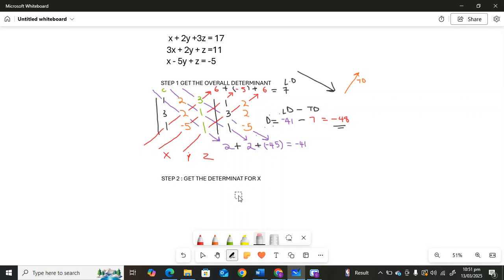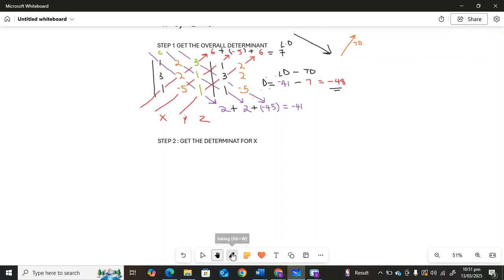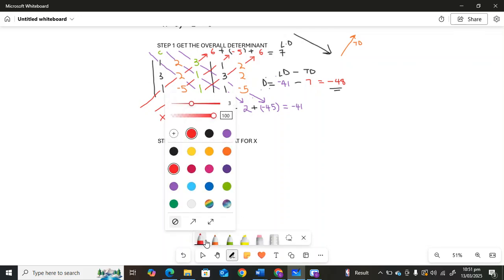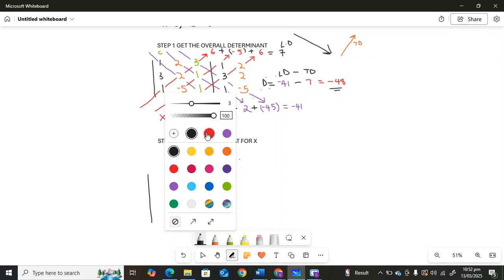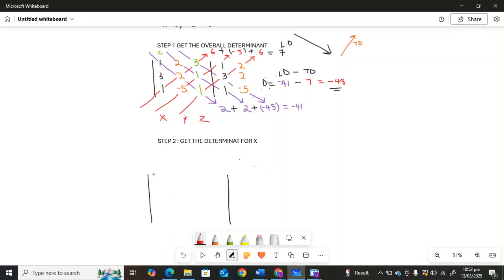Okay, so whenever you're getting a determinant, first thing you do, you make a matrix. Our x column, since we're getting the determinant for x, will be replaced by 17, 11, -5.